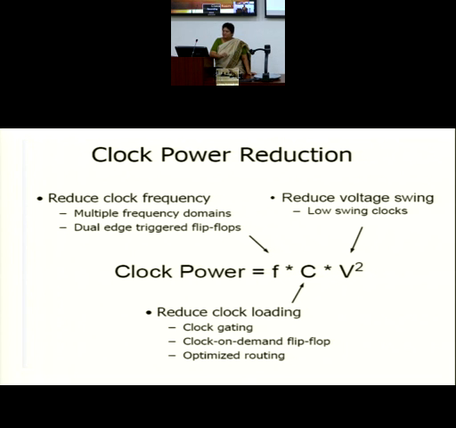Otherwise it is actually VDD and V out. Okay, so we have to look at this equation and try to find the techniques which can reduce either one of the factors. Frequency we remove, because frequency is something that we do not want to compromise. So let me not target my frequency. Let it be operating at a high speed.